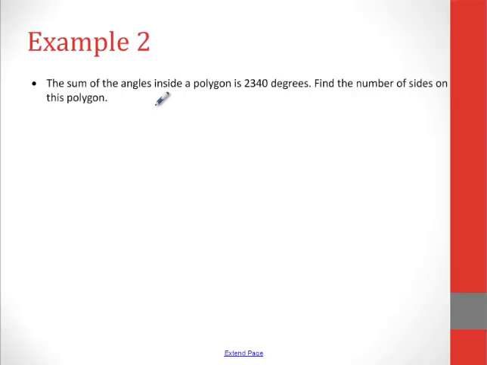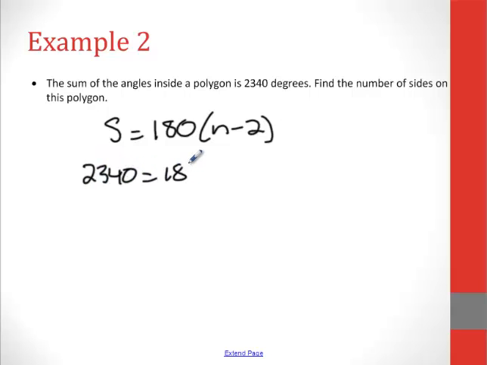The sum of the angles inside a polygon is 2,340 degrees. Find the number of sides. So we're actually working backwards in this one. We know the sum. We are trying to find n. So when I plug that in, I'm going to divide by 180 to get rid of it.